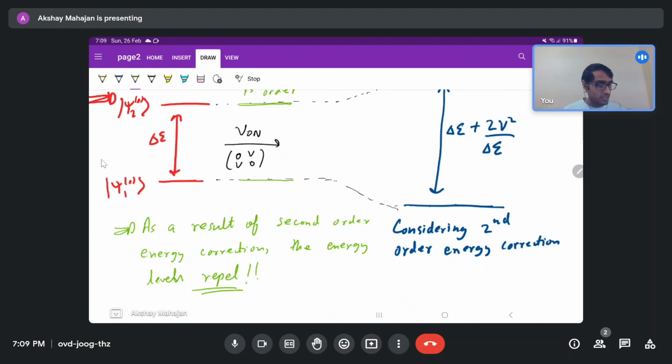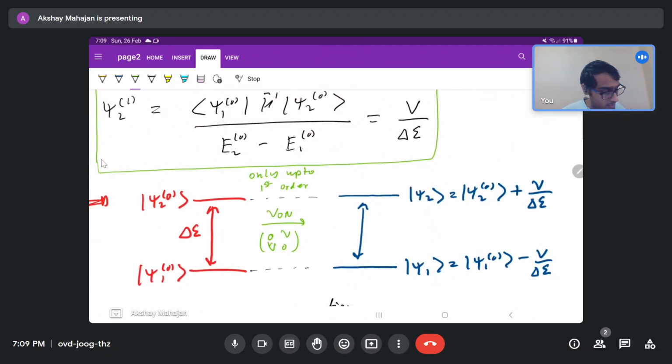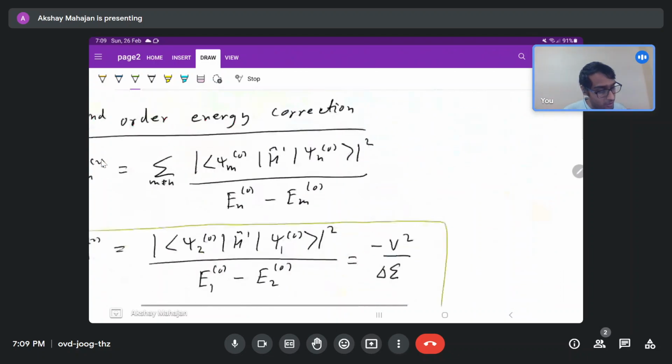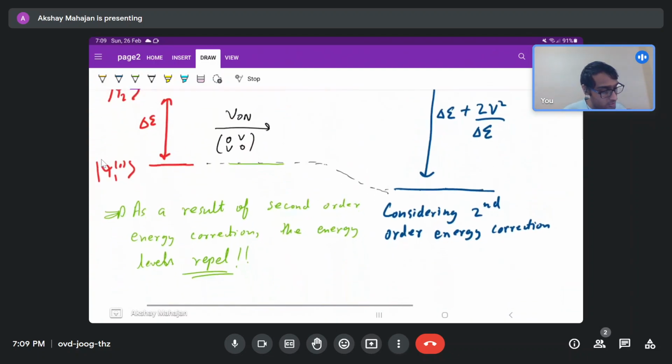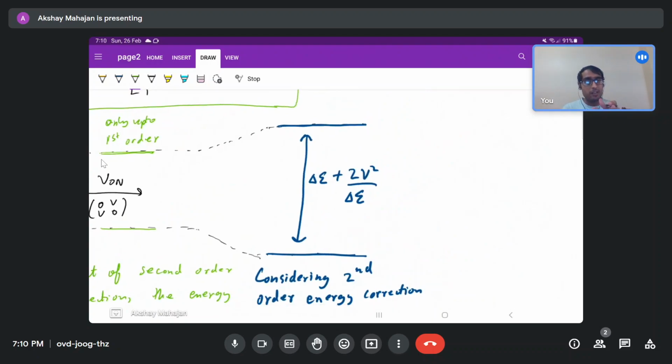So just by applying this kind of potential, maybe up to first order you might not see any major difference, but now you are seeing that they behave like they are repelling.